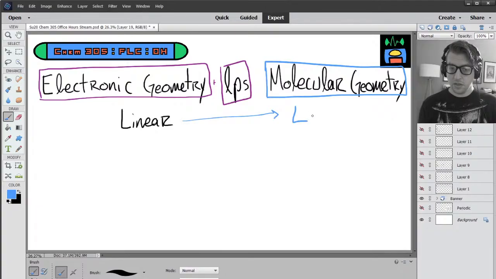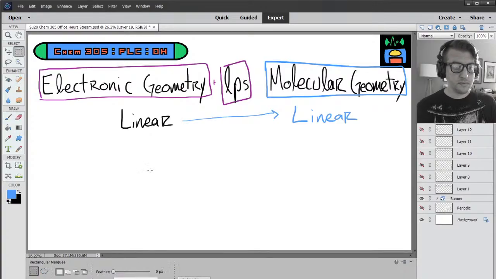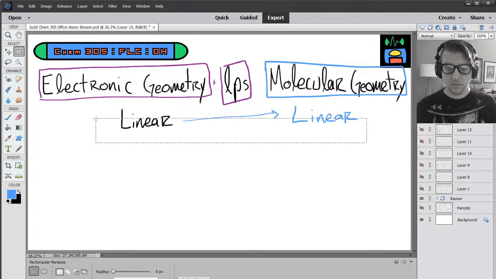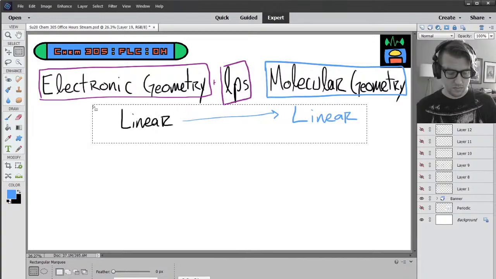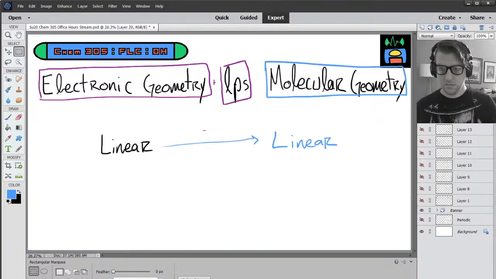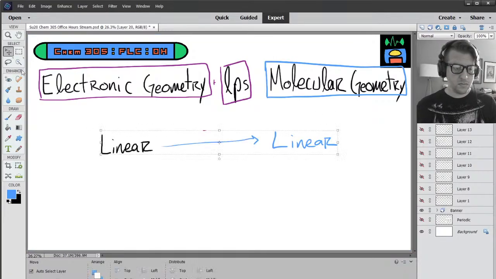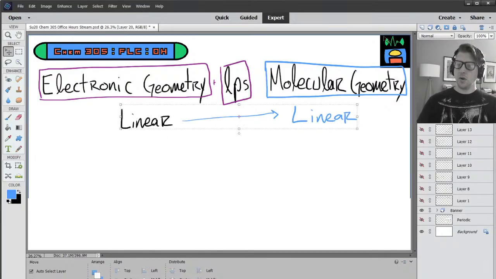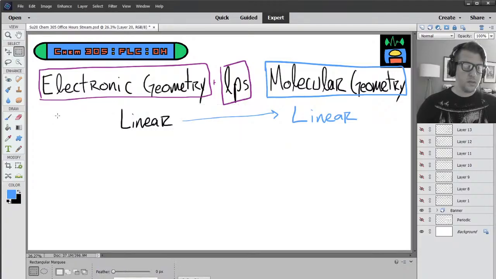It will always be linear. That is a 1-to-1 ratio. All right, that will always be the case.